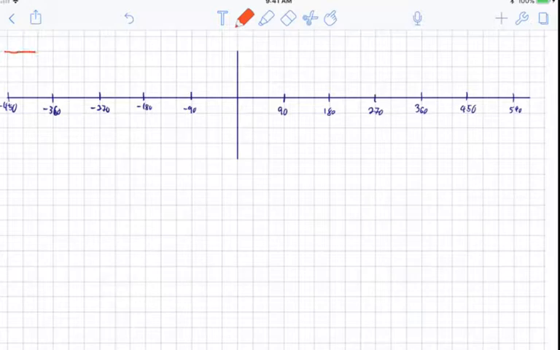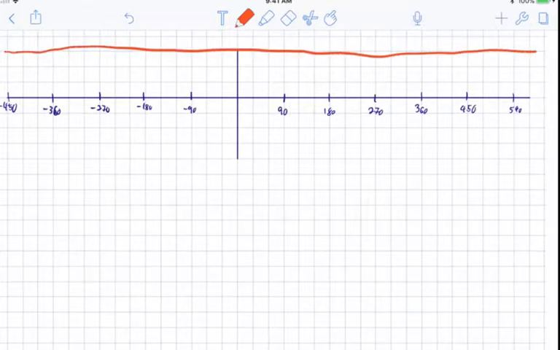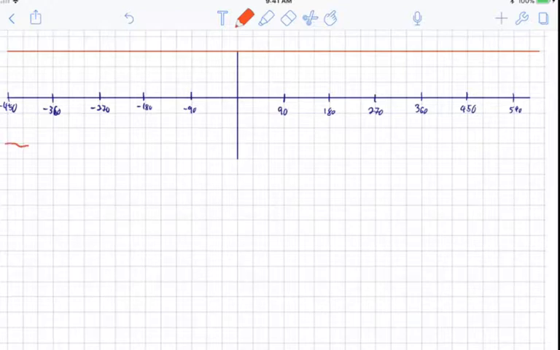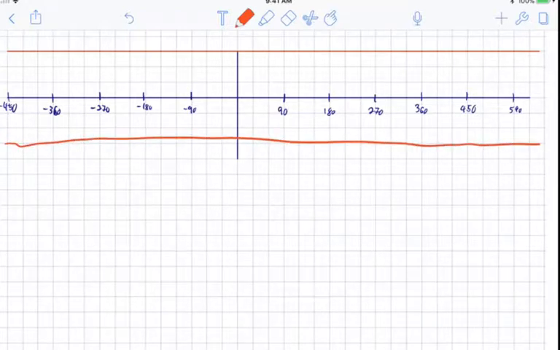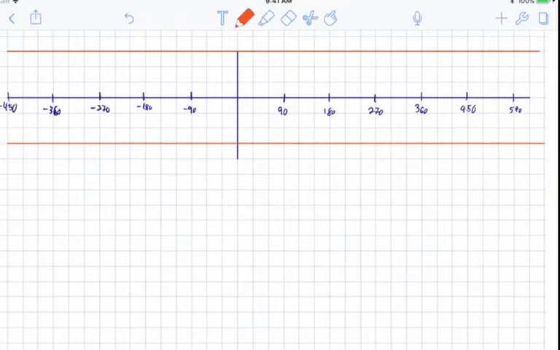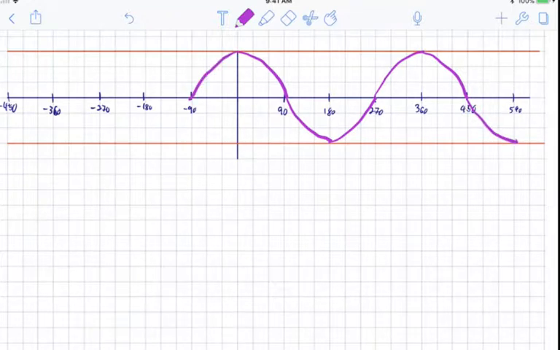Here's your maximum. Here's your minimum. So cosine looks like this. Minimum here, goes back to 0. Maximum here, goes back to 0. Minimum here. 0. Minimum, 0. Maximum, 0.